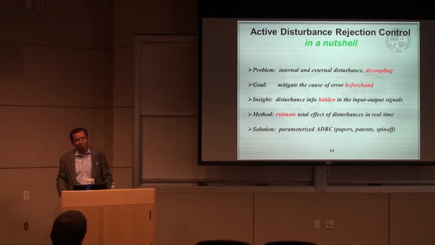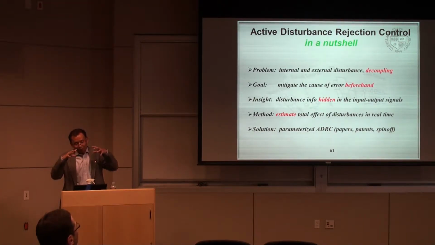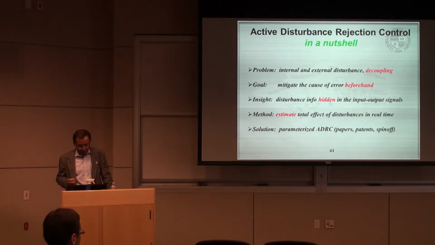But what we are saying here is active disturbance rejection is a universal concept. All of those techniques can be brought under this one umbrella. And the key method is to estimate the total effect of the disturbance. And that's where the extended state observer comes in.